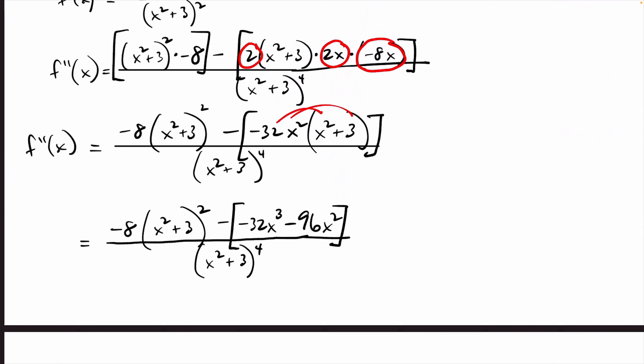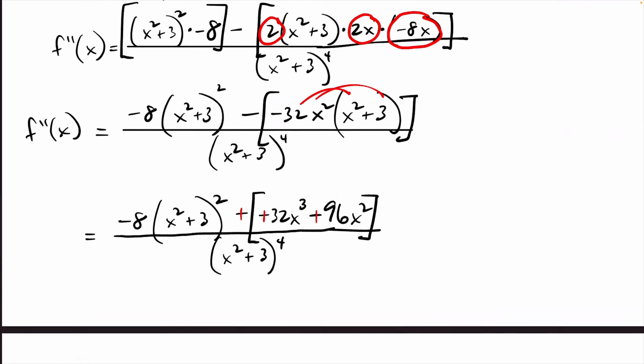Distribute the negative, so that would be positive, positive, positive. Yeah, negative 32. I don't know why we're at third. Okay. That's as far as I'm going to simplify it for right now.